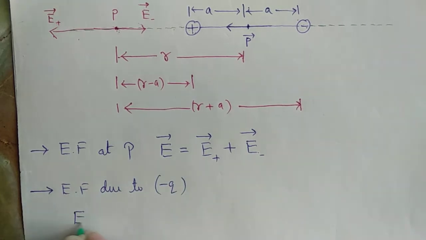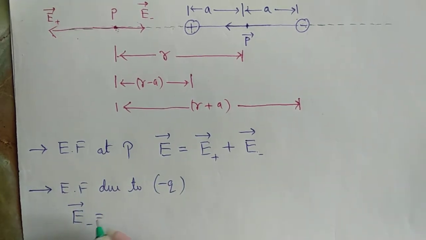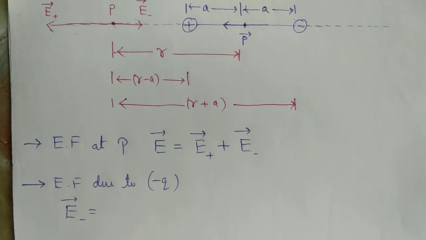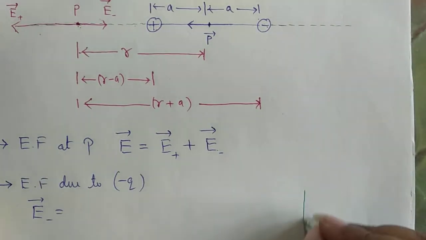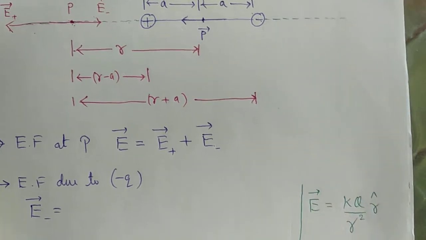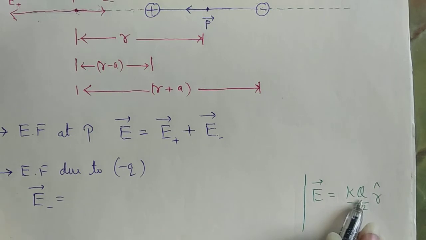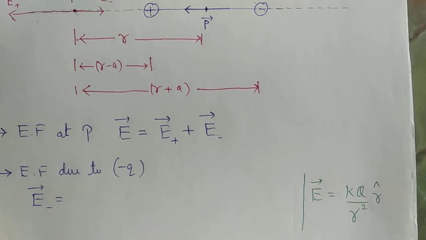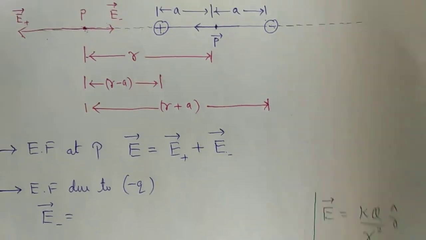I'll name it as E minus. We all know this formula. This is the source charge, and this will be the distance of the point from the source charge where we need to calculate electric field. So we'll substitute all the values in this equation and we'll obtain the equation for electric field E minus.